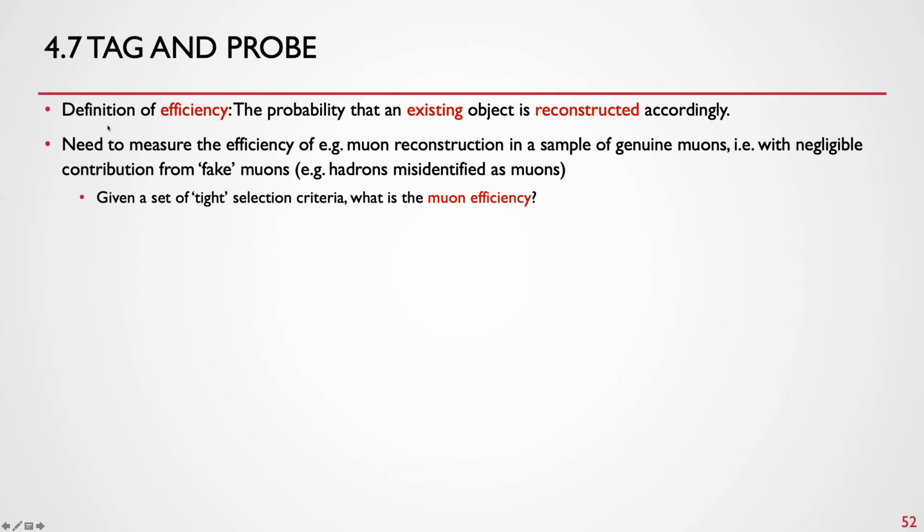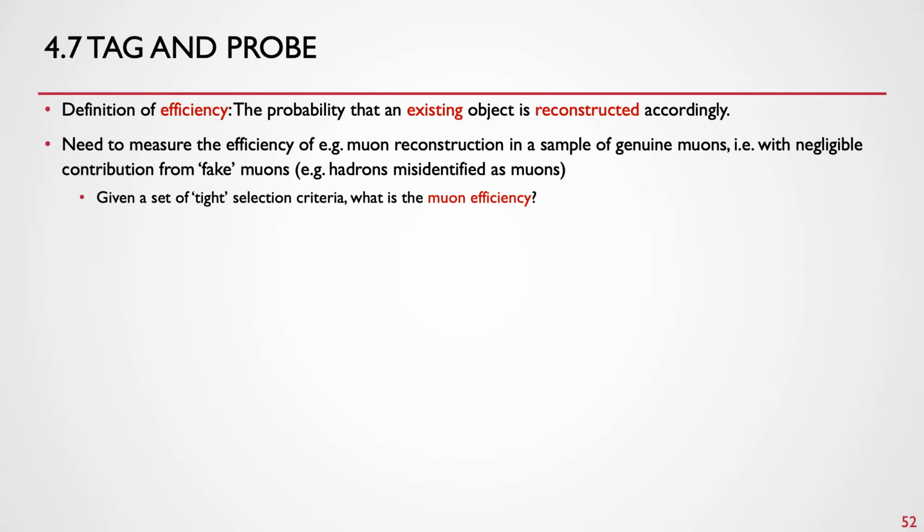Recall the definition of efficiency, or keep it in mind. The definition of efficiency is the following: the probability that an existing object is reconstructed accordingly. That means if you know that an object has been created, the probability that it's really reconstructed and identified, that is the efficiency.